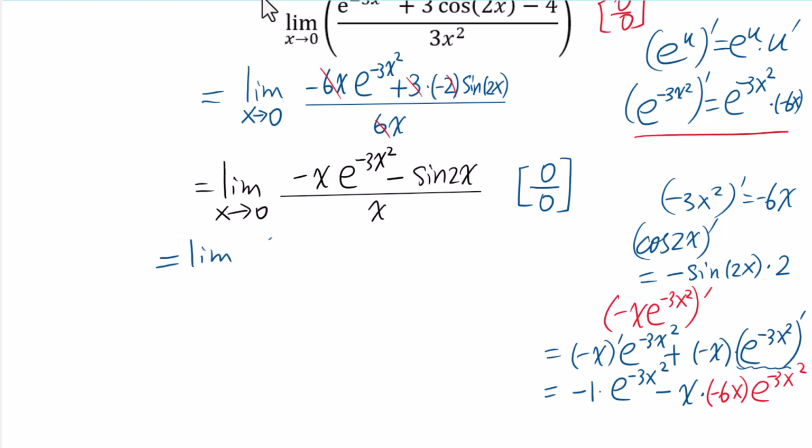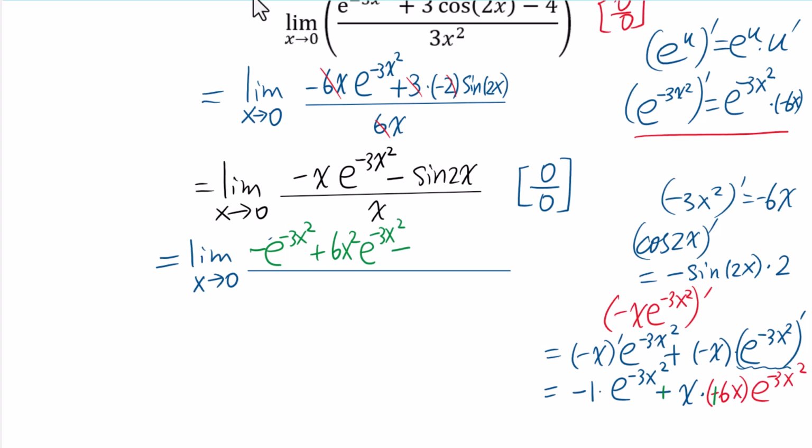Equals limit as x approaches 0 of negative will be positive. Negative e to the negative 3x squared plus 6x squared e to the negative 3x squared.